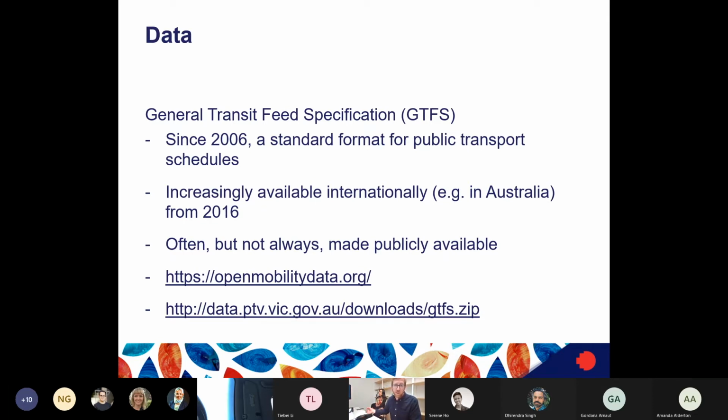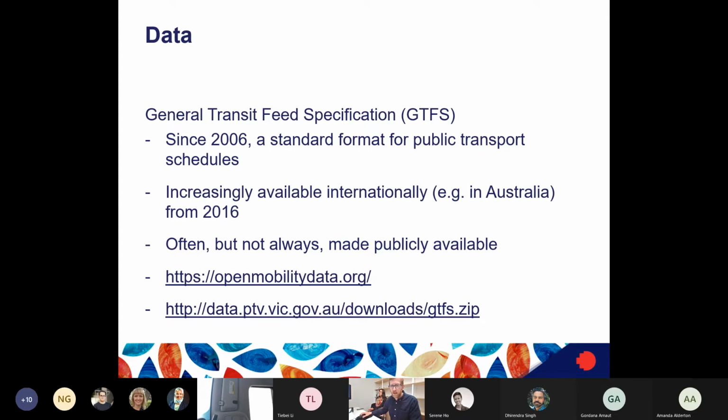It provides a standard format for public transport schedules, and you can use it for routing queries and determining access, and service frequency across a day and across space as well. It's often made publicly available by transport agencies, but not always, and not for all cities.